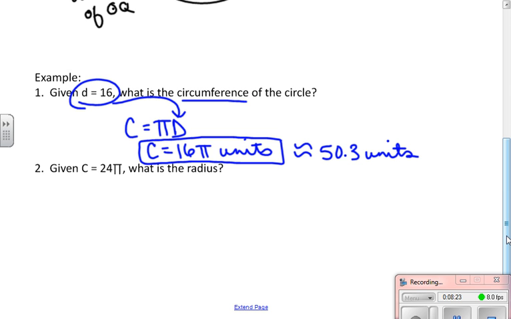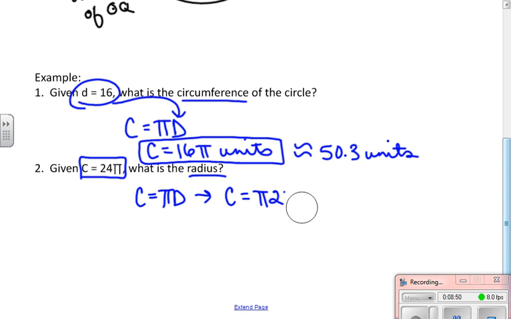Now, number 2, it's going to require a couple of steps. I'm given the circumference is 24 pi, but I want the radius. So whenever we're given something, we always want to set it up with our equation. Circumference is equal to pi times diameter, but since I want radius, I know I have another circumference formula. Circumference equals pi 2r.